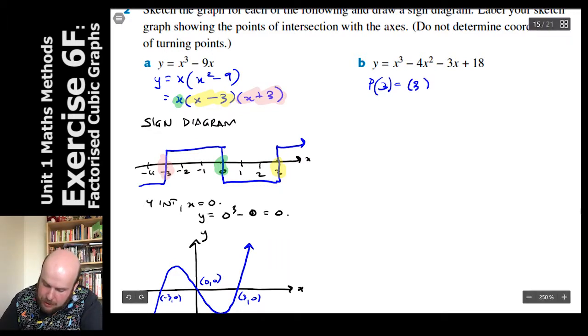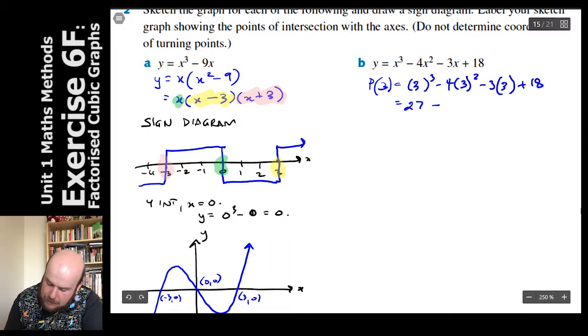Let's go and find 3, and let's be happily wrong if I'm wrong. So this is going to be 3 cubed minus 4 times 3 squared minus 3 times 3 plus 18. 27 minus 36 minus 9 plus 18. 27 plus 18 is going to be 45, and negative 45.